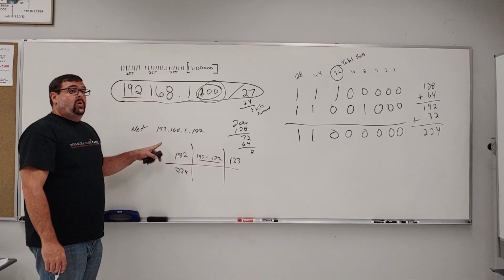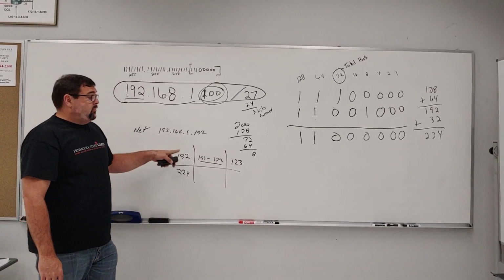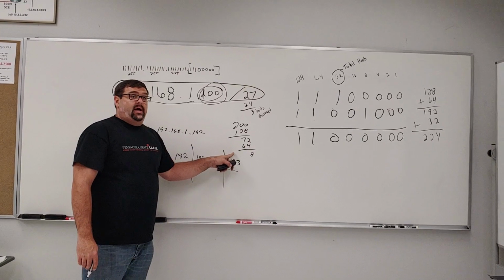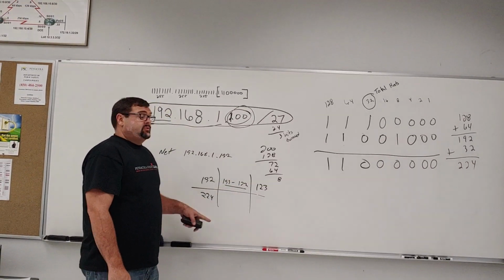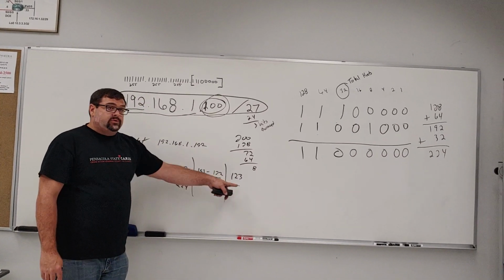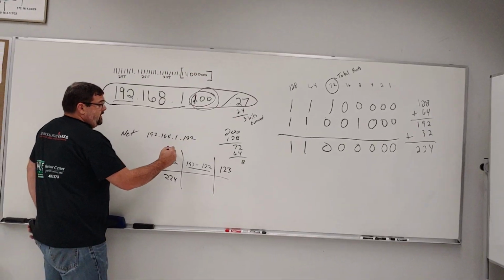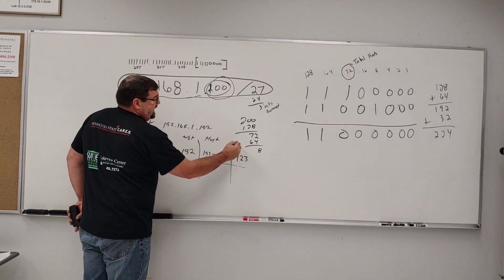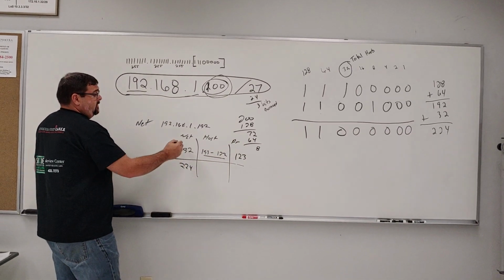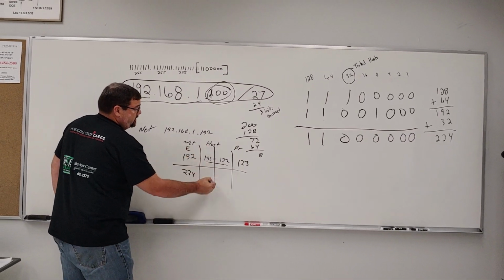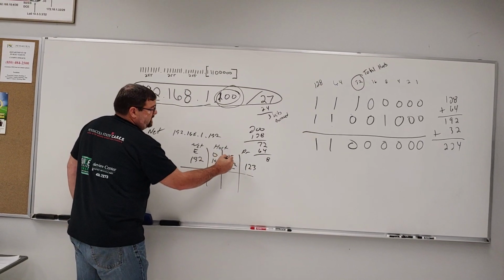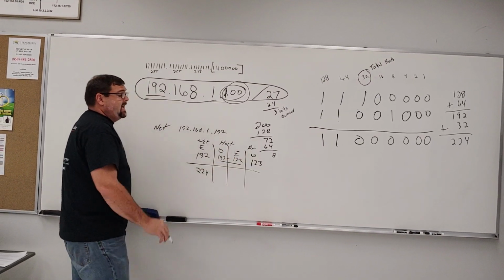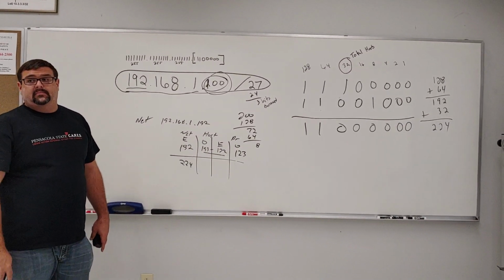Your network address will always be an even number. Your broadcast address will always be an odd number. So just remember that when you're writing down all 4 addresses in your little network, hosts, and then broadcast grid. This is going to be even. This is going to be odd. This is going to be even. This is going to be odd. Every time.